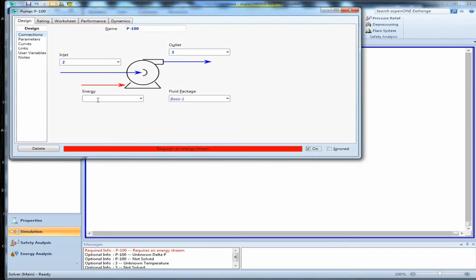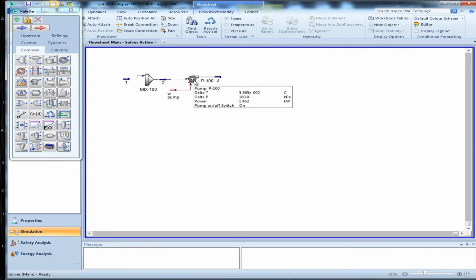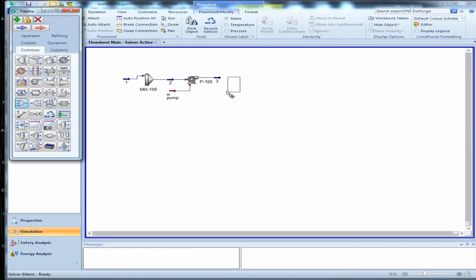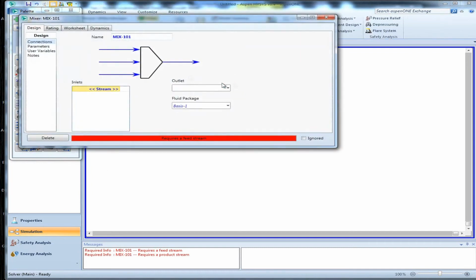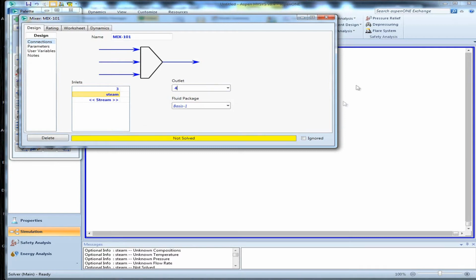We require some work here. And now it is ready to mix with steam. So I have number 3 and steam, going out as number 4.